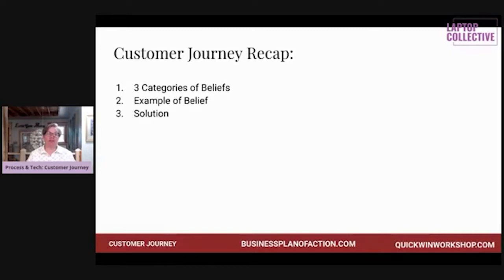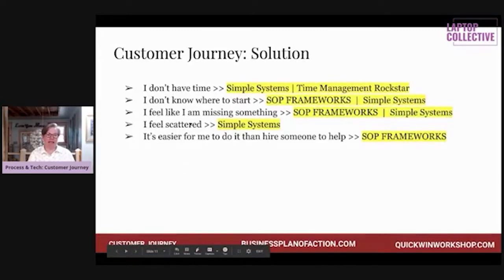I've given you several examples of belief. And the reason why I gave you these is because I wanted to hit home for you and where you are. I want you to feel like I'm in your brain and that we're speaking the same language, because I've talked to hundreds of women and members who have been through my programs to know exactly what they're going to say over and over again.